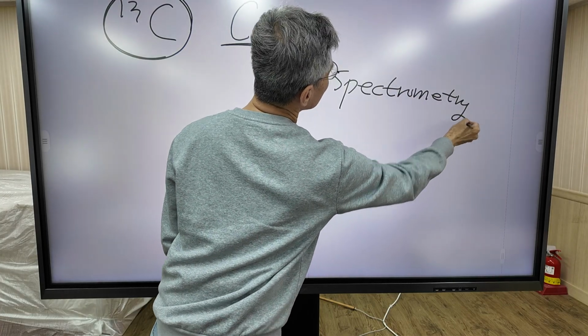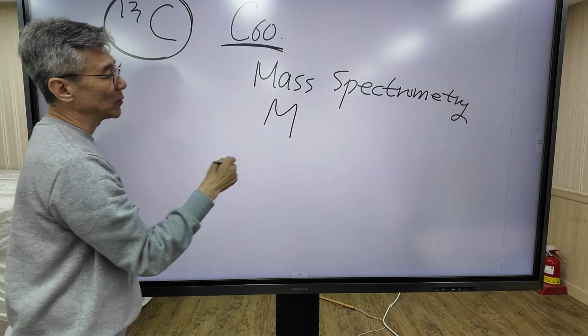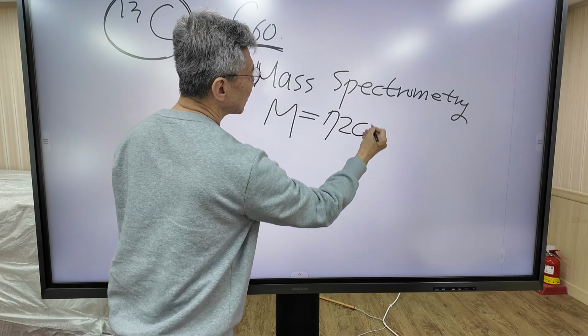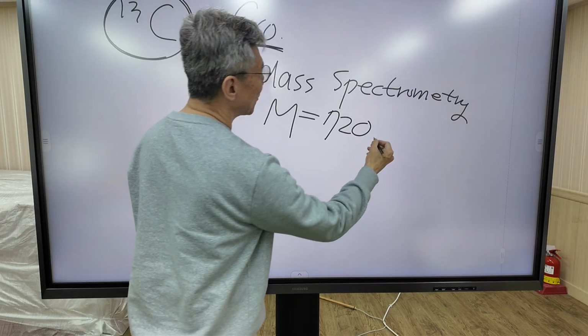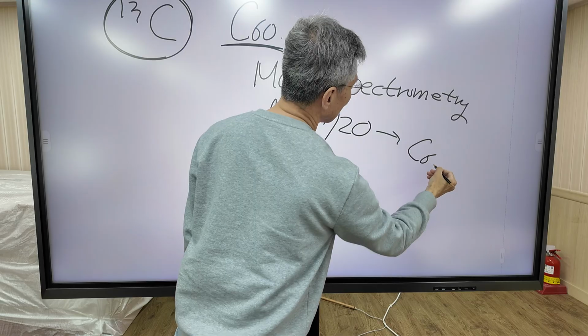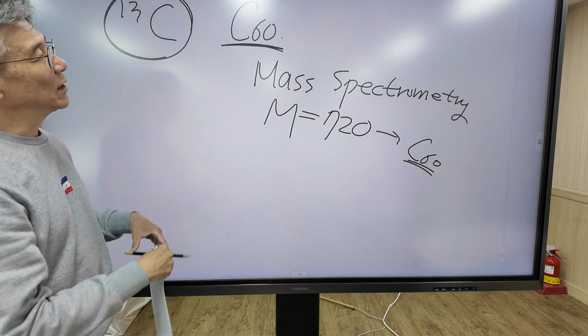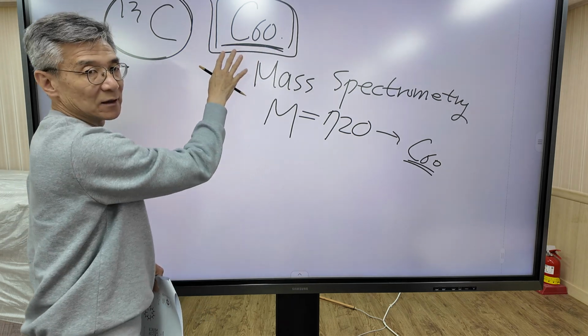Mass spectrometry measures the molecular mass. When you measure the mass spectrum, it consistently shows a peak at 720, which corresponds to the molecular formula carbon 60.